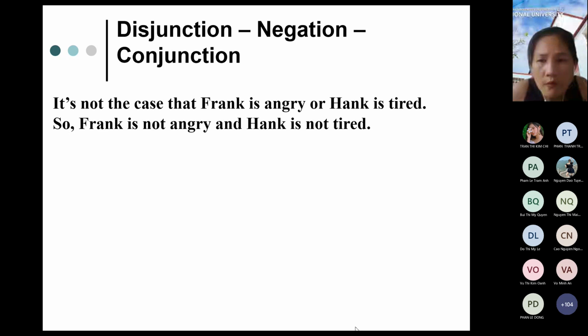It's not like that. I saw the answer from Tường Vân. Let me open it. Okay, right. Very good. So Frank is angry, P. Hank is tired, Q. And then, yes, it is not the case that P or Q, and then therefore negation P and negation Q. Not the C at the end, but the therefore sign before that line.